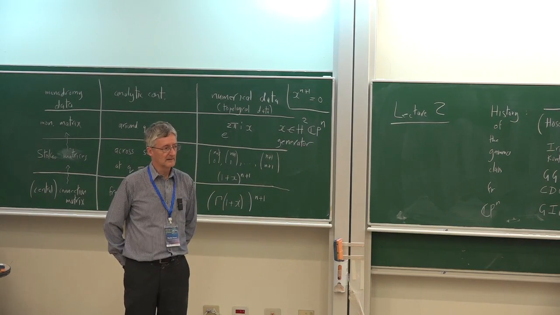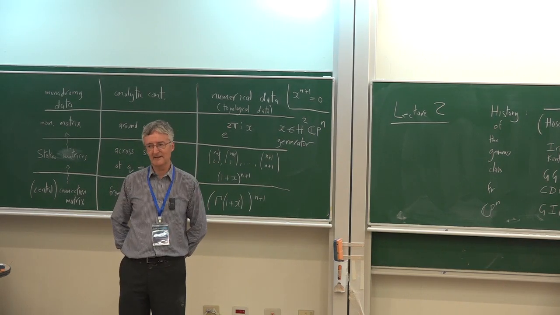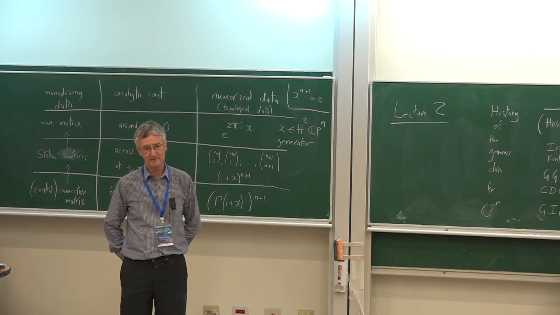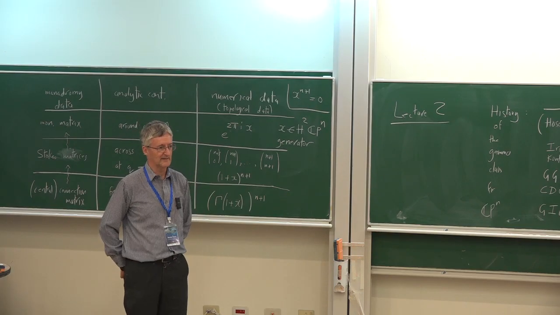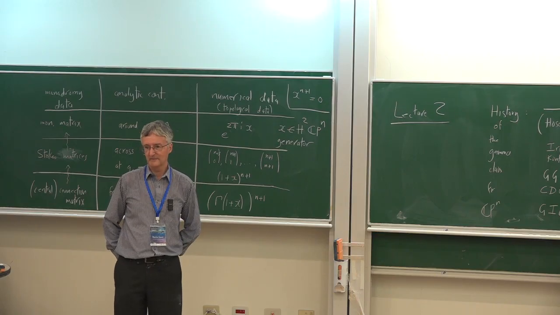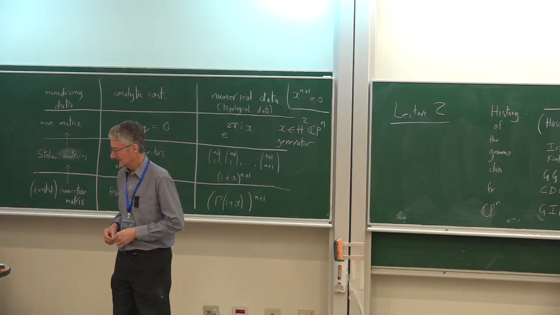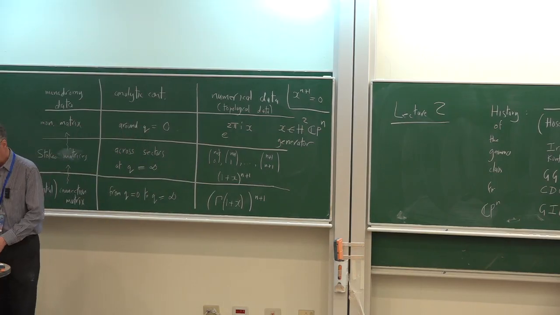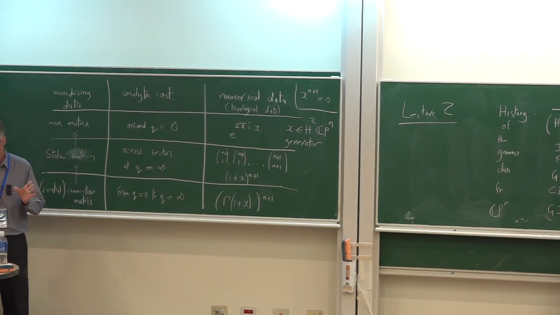You can really only do things like projective space. Toric varieties are, of course, similar to projective space. You can do toric varieties, but you can't really get much further by this method. So this is one disadvantage. But on the other hand, it's good to have concrete examples.